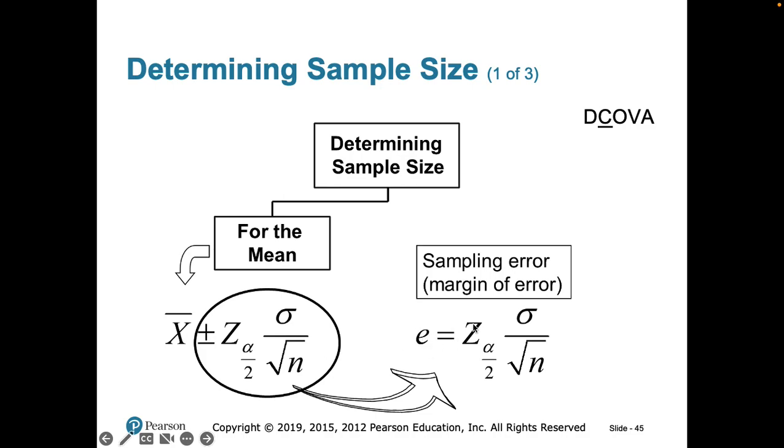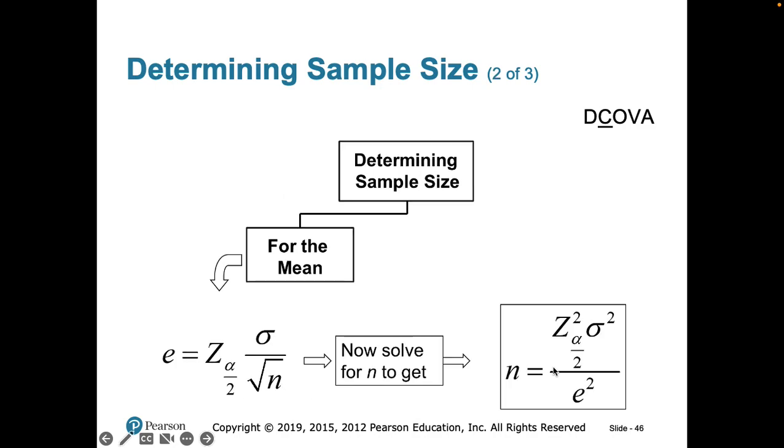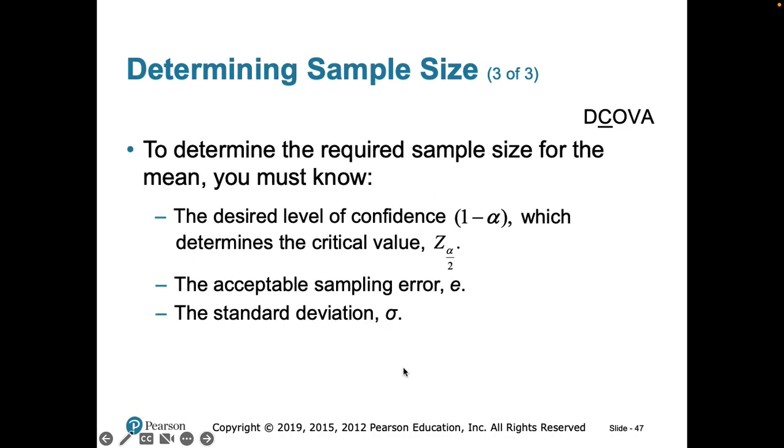The error is going to be z alpha divided by 2, times the standard deviation divided by the square root of the sample size. So what you do is you solve for n, and that's how you can find out what the correct sample size is.